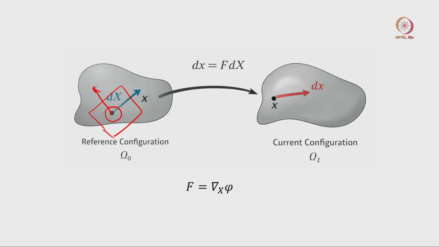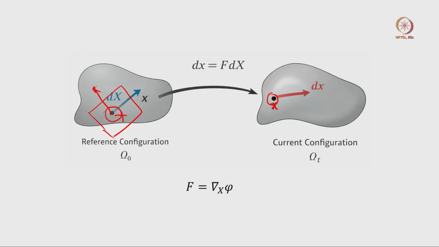And the relationship between, so this dX under the deformation map phi becomes another vector in the deformed body. This is my small x, right. So this is my capital X, this is the small x, the map of capital X under phi, and the map of dX to this dx, a small arrow like object describing the infinitesimal neighborhood of this deformed point small x, is captured by this deformation gradient.